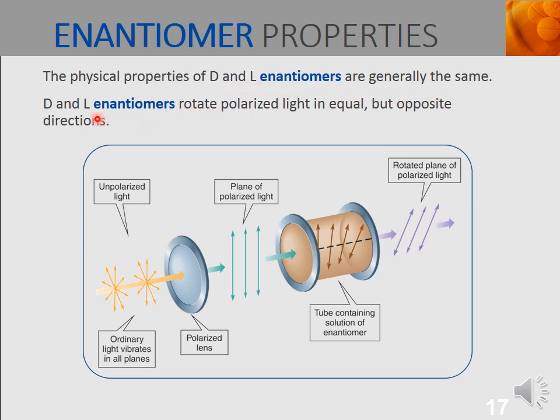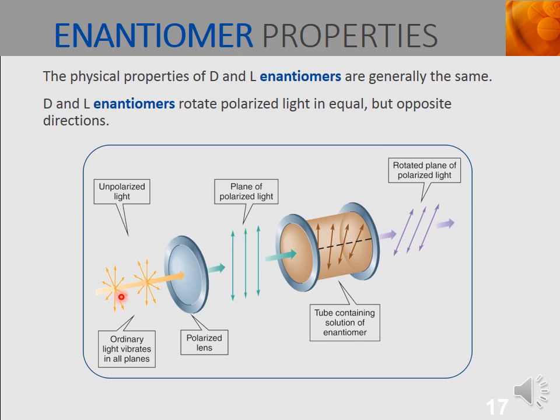This is the simplest diagram of a polarimeter. Here this is the ordinary light. Light that vibrates in all planes is called ordinary light, or unpolarized light. The light which has many directions is called unpolarized or ordinary light. When it is passed through the Nicol prism or polarizer, this polarized lens, then it becomes plane polarized.